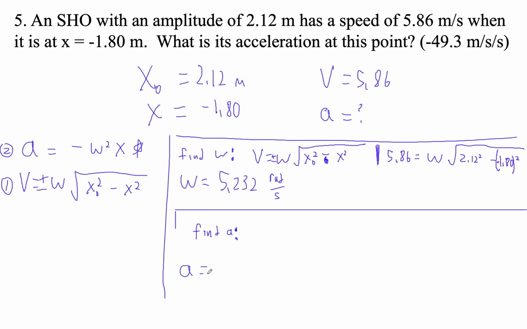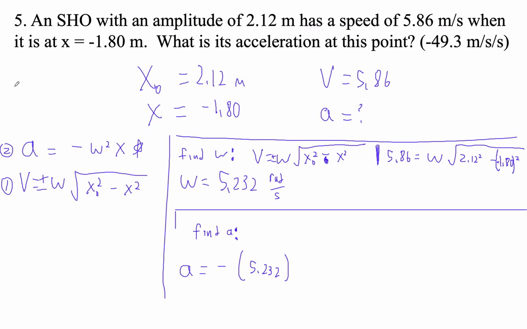So our acceleration is the opposite of omega squared x. Notice that the opposite is outside of this. This is not like negative omega squared, which of course would always be positive, and that minus sign would be pointless. Where this comes from is that the acceleration is opposite x.